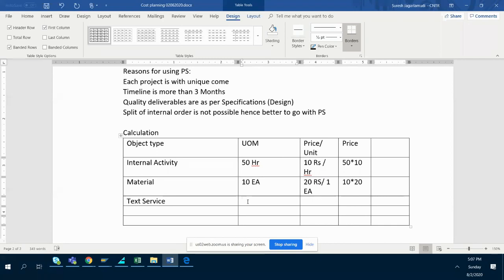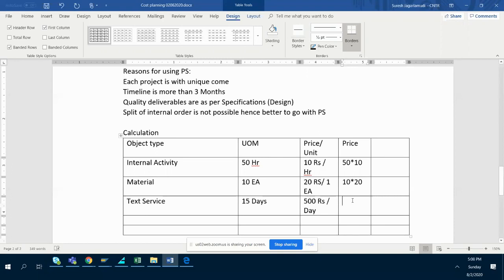Suppose 15 is the quantity and the unit of measure is per day, 15 days. The per day cost, if I say 500 rupees per day, the price is 15 into 500.